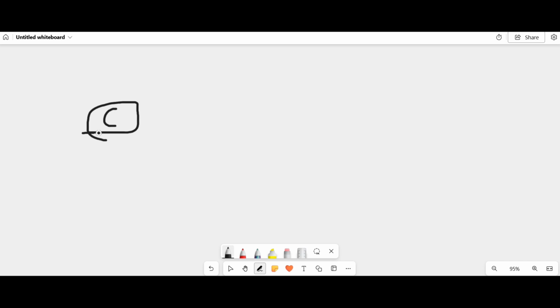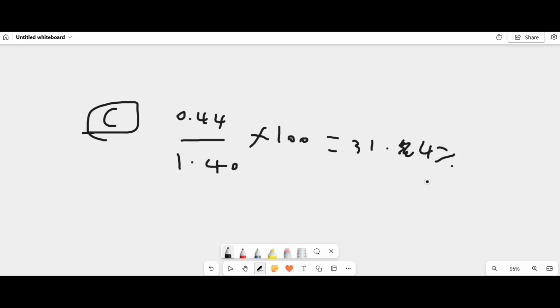So it's 0.44 divided by 1.4, the maximum, times 100 to make it a percentage. That's 31.4%.